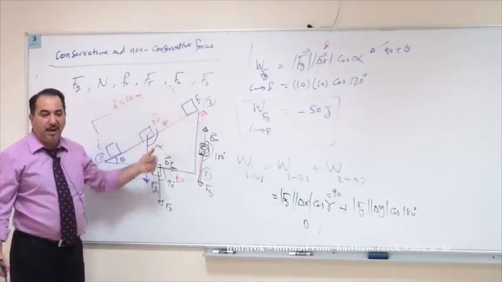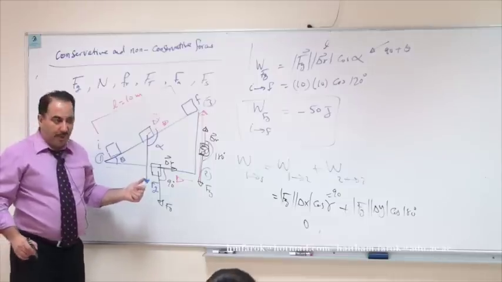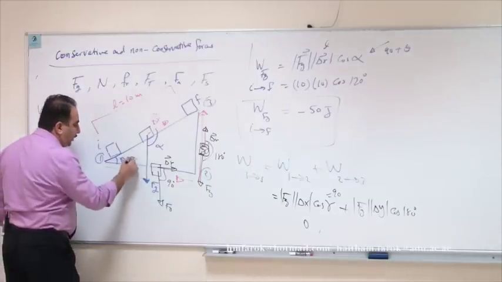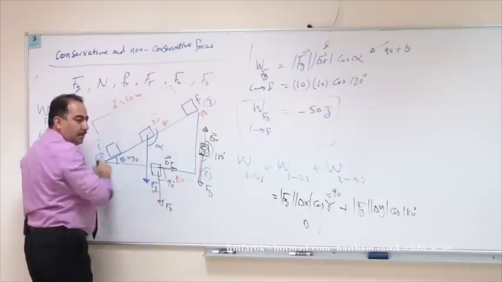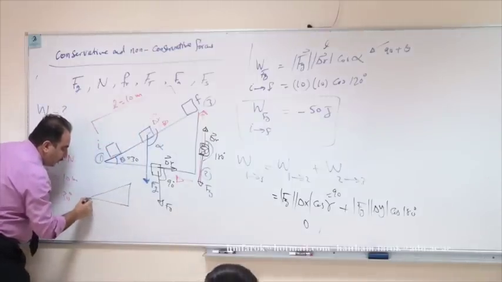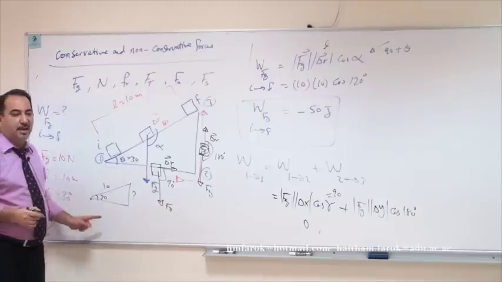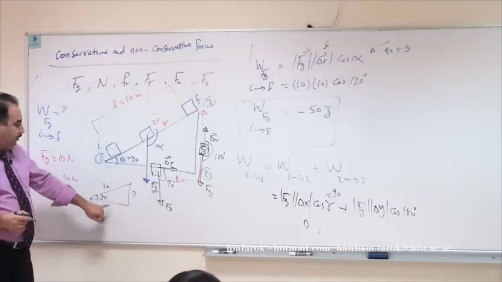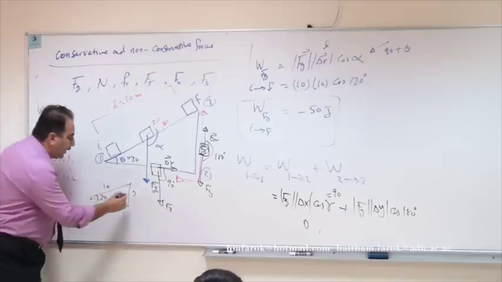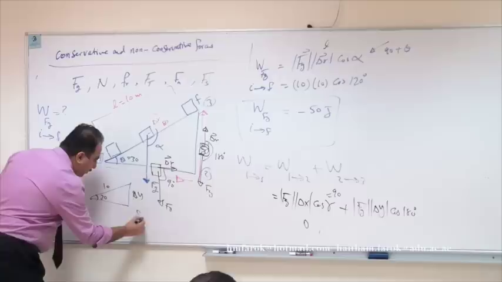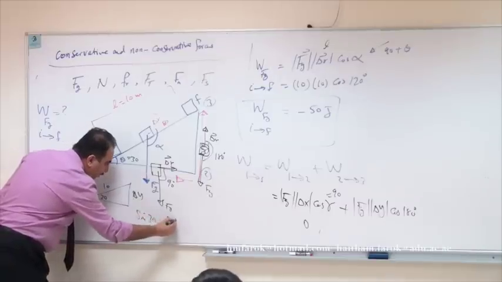Now delta Y means the distance from 2 to 3. Is it given or can I calculate it? We can calculate it. This angle is 30 and this side is 10. So on this triangle, 30 and 10, how much is this? Using sine or cosine? Sine, opposite, yeah? So sine 30 equals delta Y over 10.